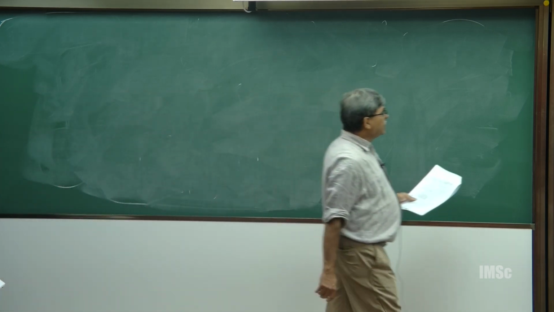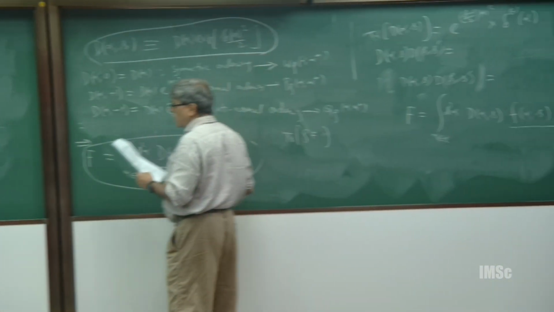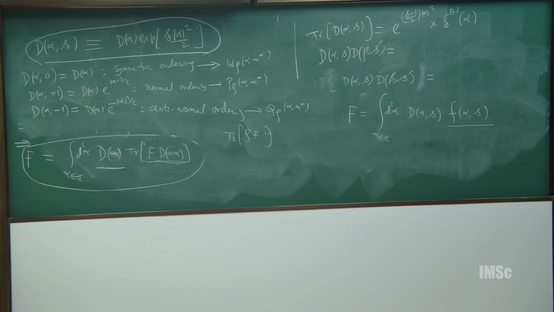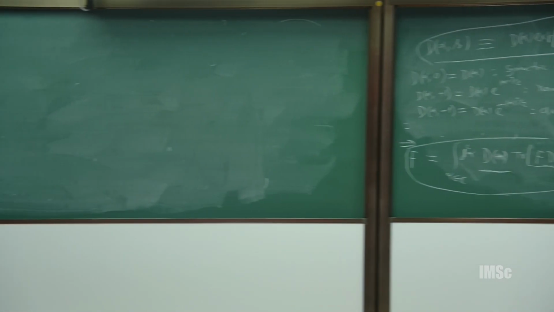So, I introduce this modified operator, and now what I will do is introduce a Fourier transform of that modified operator, T of alpha, s.